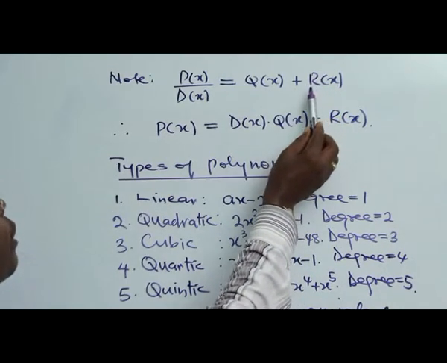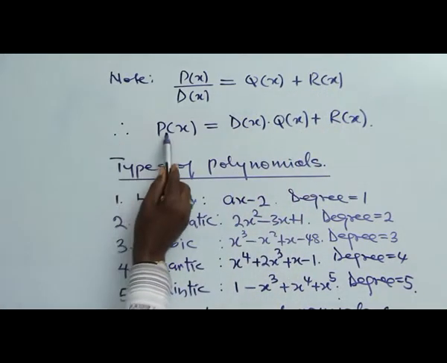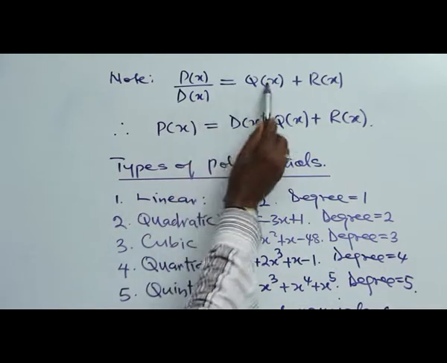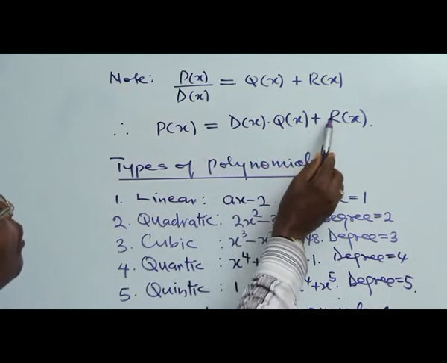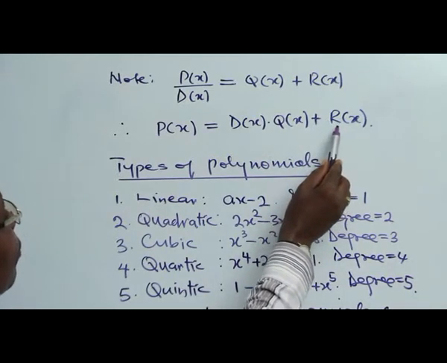It can also be an algebraic expression. That's why we're leaving the s there. Therefore, our P(s) will be equal to, if you cross multiply, d(s) times q(s) plus the remainder. Take note that we are not multiplying the remainder by the divisor.